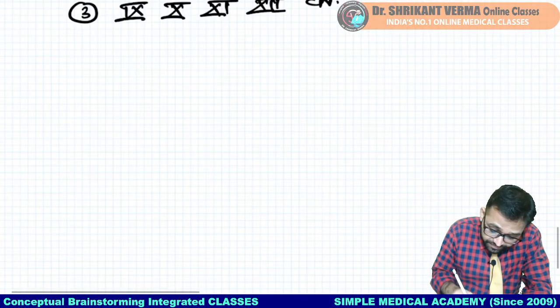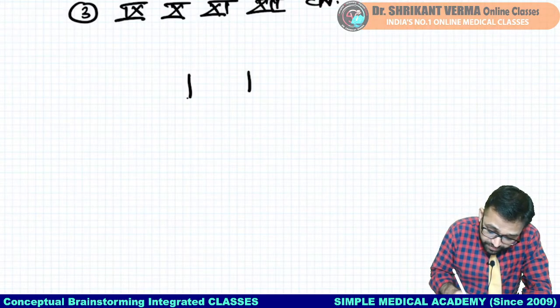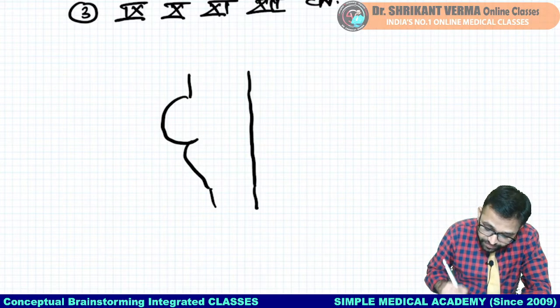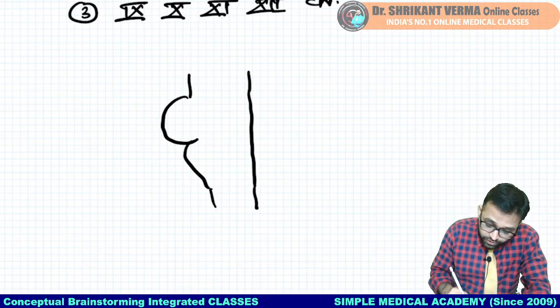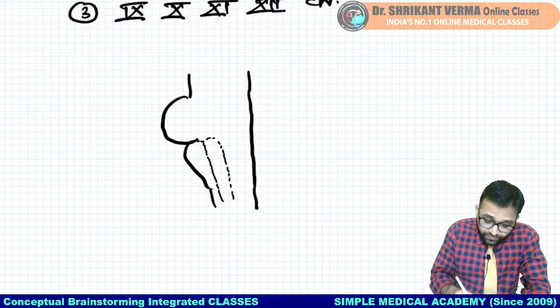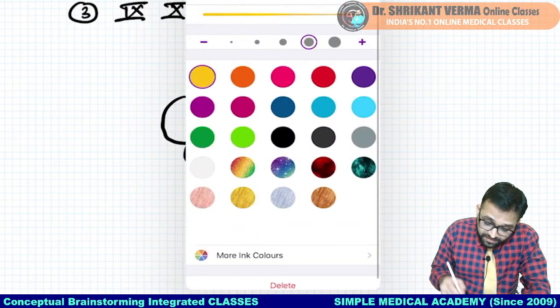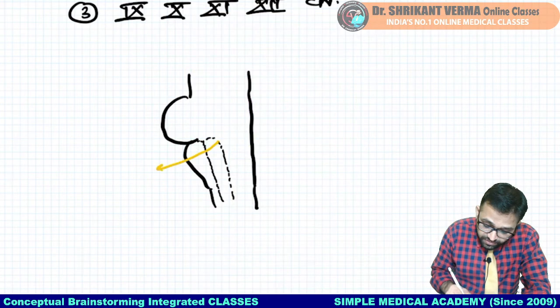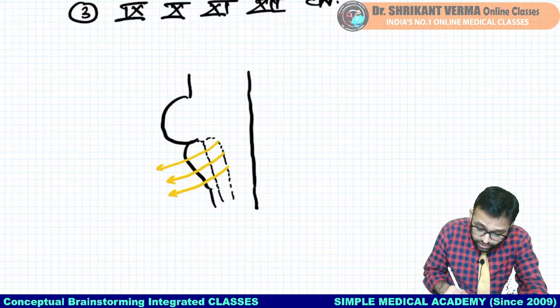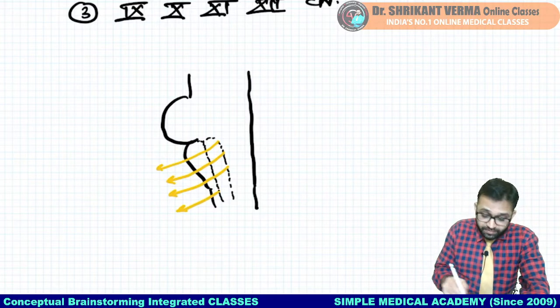Again, I want to recall for you. We had seen the midbrain, pons, and then medulla. And I taught you the central elevation is our pyramid and the lateral elevation is the olive. So we had seen that the ninth, 10th, and 11th nerves are coming lateral to the olive, and the 12th nerve is coming lateral to the pyramid.